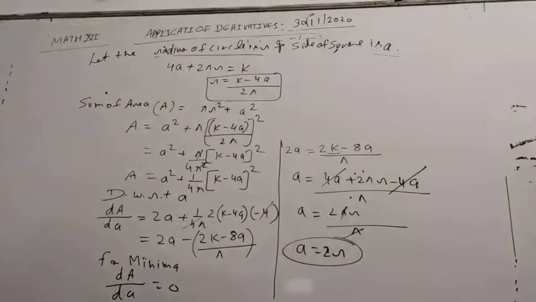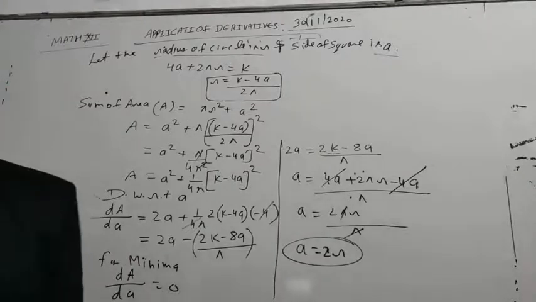So from here we are seeing that our a is equal to 2r. The side of the square is equal to the diameter of the circle.